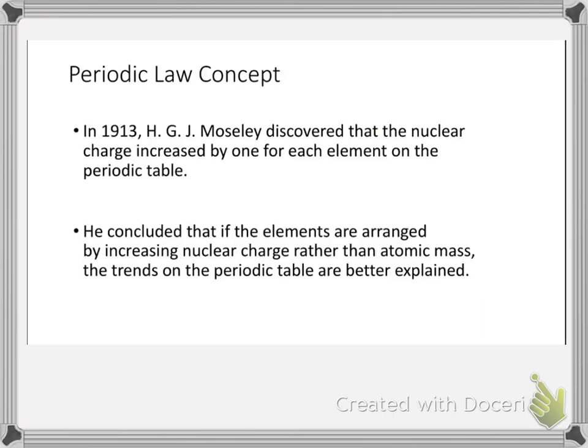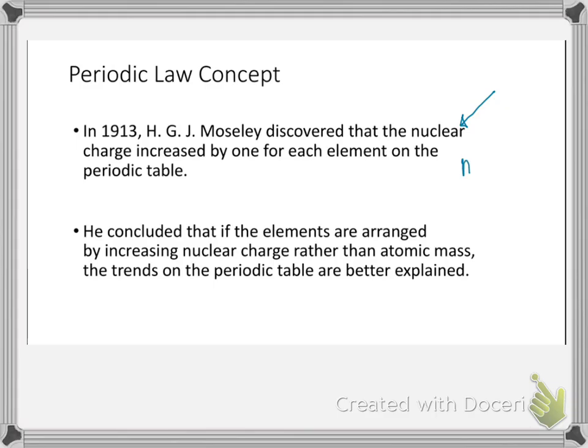Now, the idea that the chemical properties of elements repeat is called a periodic law concept. So now we're out of the 1800s and into the early 1900s. And so with this discovery, he discovered that nuclear charge increased by 1 for each element on the periodic table, the nuclear charge.